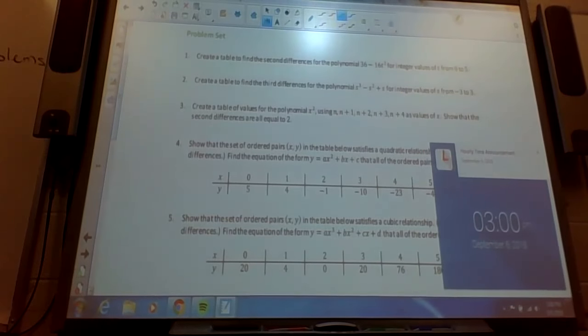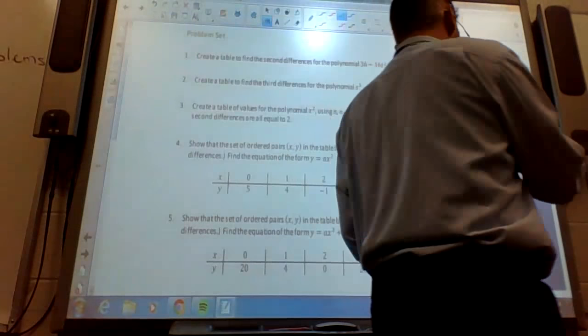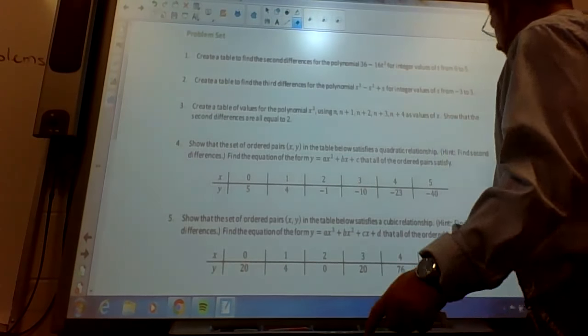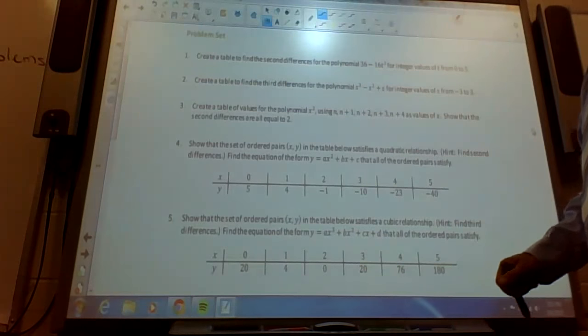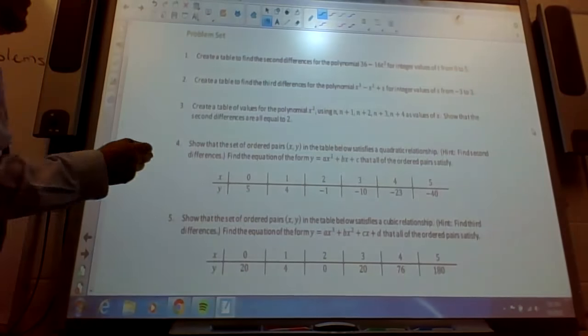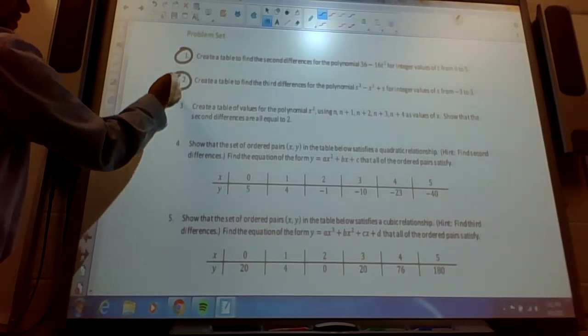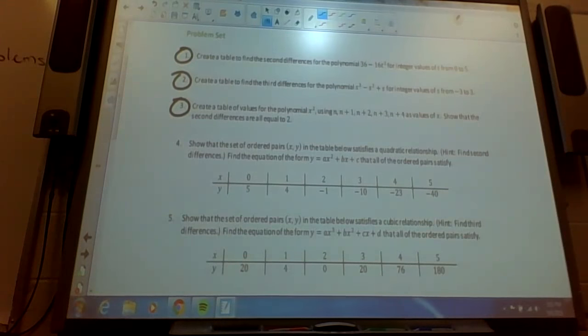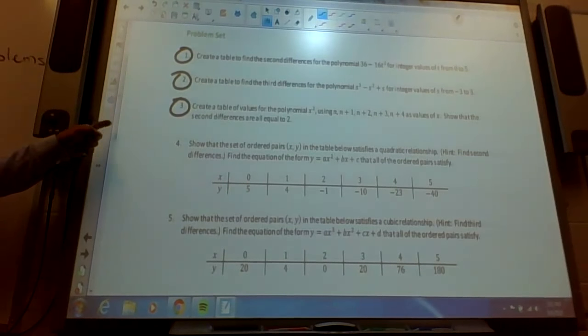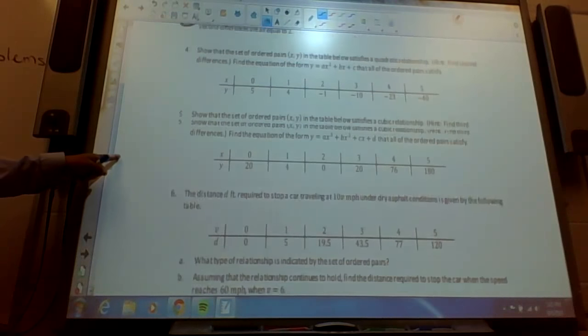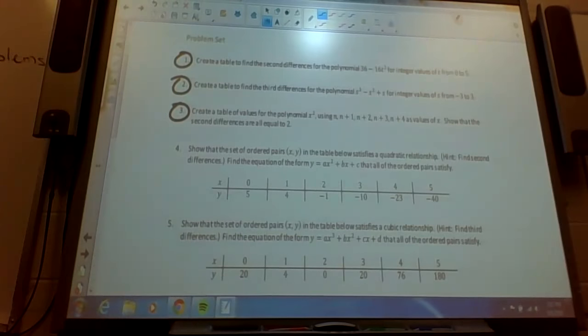I'm going off of memory because I don't have it written anywhere, so I reserve the right to change this sometime in the next hour. But we're going to do 1, 2, and 3. You can do those tonight, okay? I think there's another one that we do, but you can do 1, 2, and 3 tonight.